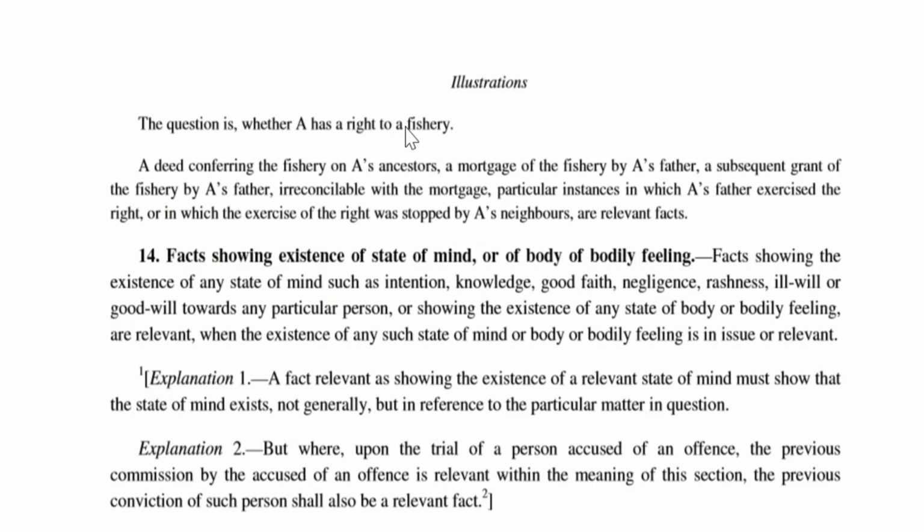Now, there is a particular instance in which A's father exercised the right. In a particular instance, his father has given the right to his son A. Or imagine A has been fishing there for a while. The neighbors come and say, no, you're not supposed to fish here. They are preventing or stopping him from fishing in that particular area. Then all these aspects are considered to be relevant facts.